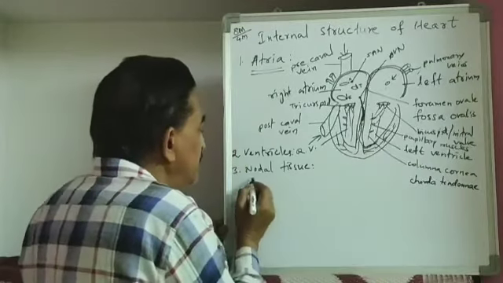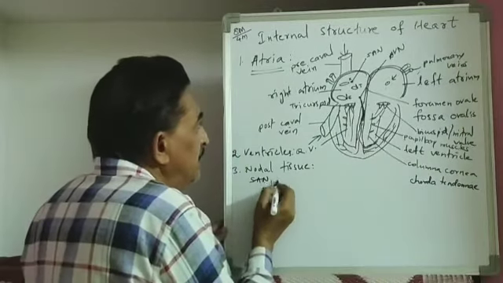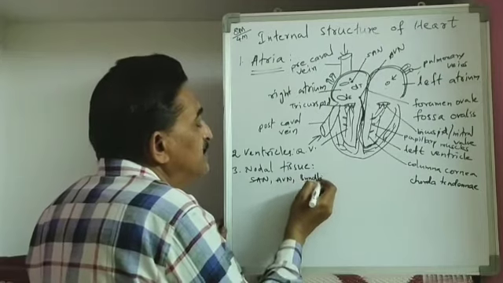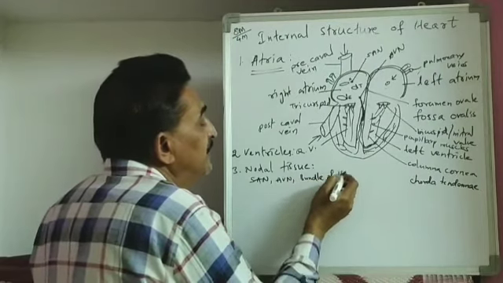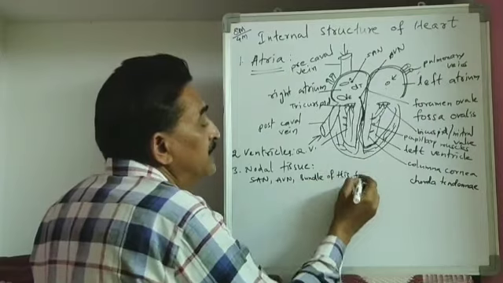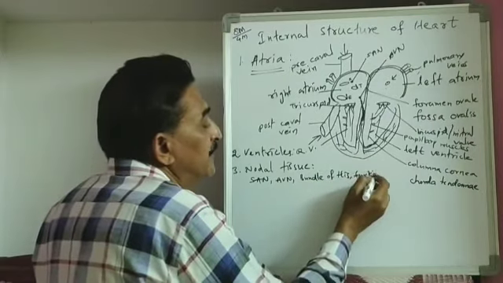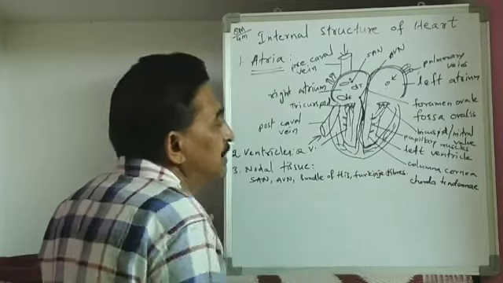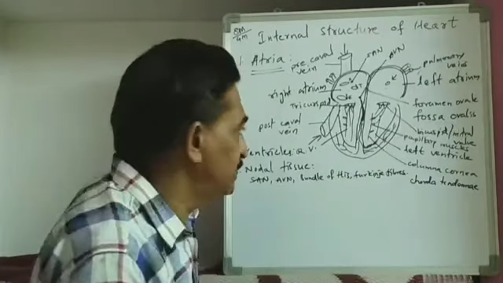So here we have to learn SAN, AVN, bundle of His and Purkinje fibers. This is about the nodal tissue.